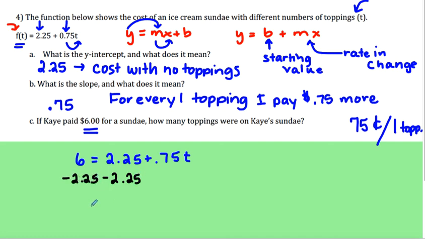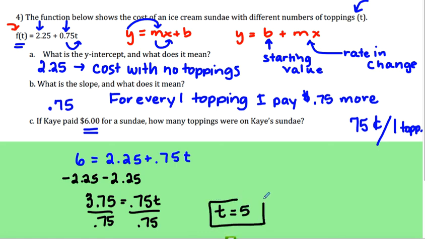Let me grab my calculator to do that quickly. So 6 minus 2.25 gives me 3.75 equals 0.75t, and I'm going to divide by 0.75, and so t equals 5. So if she paid $6, then she had 5 toppings.